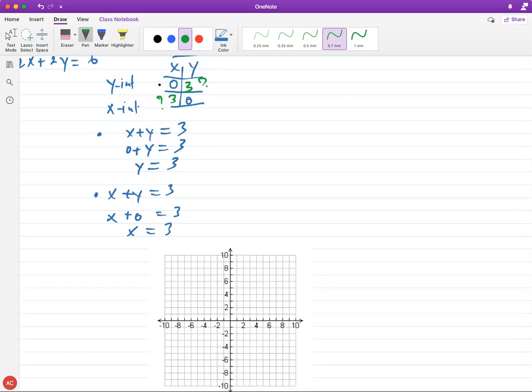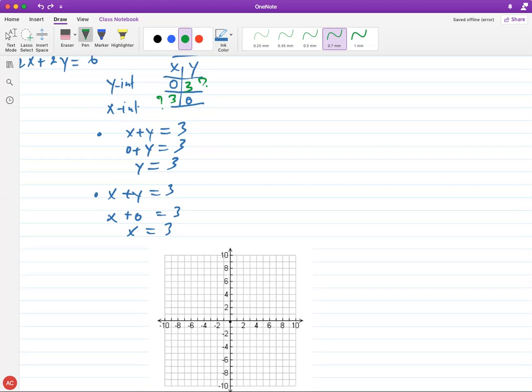How do I plot this point here, (0, 3)? How do I do it on the graph here? Where do I find this point? To graph (0, 3), we're going to start from x, which is 0, and we're going to go up to 3.